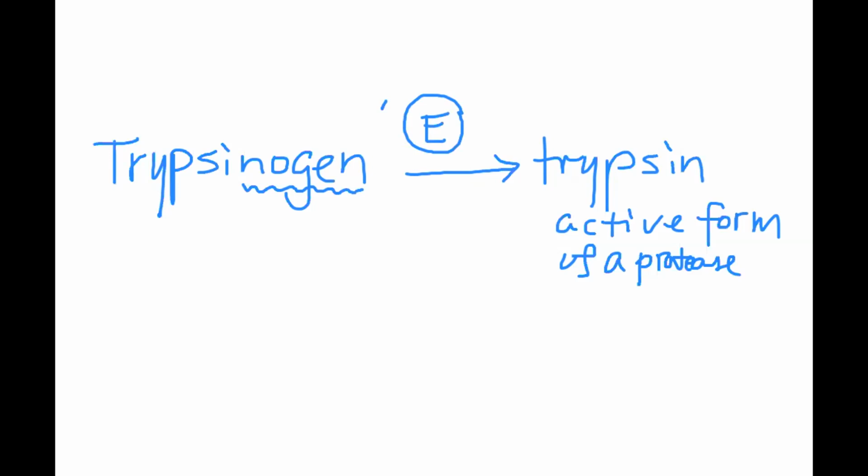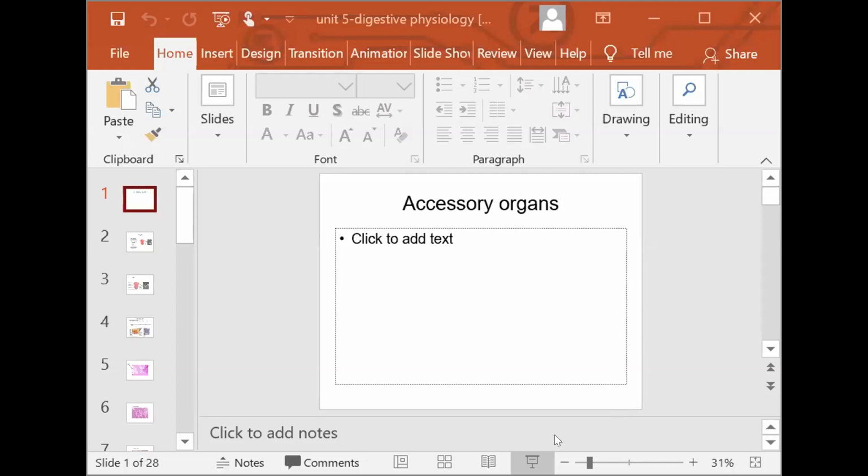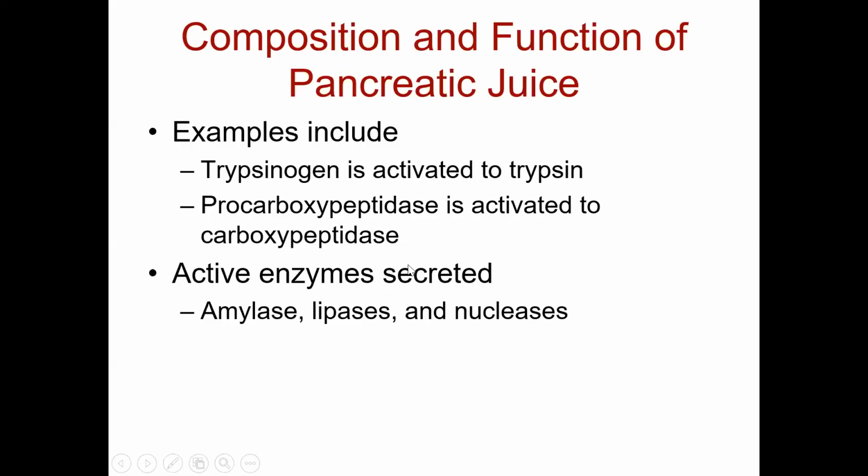This enzyme is made in the small intestine. So when this trypsinogen is first made in the pancreas, it is an inactive form of enzyme.